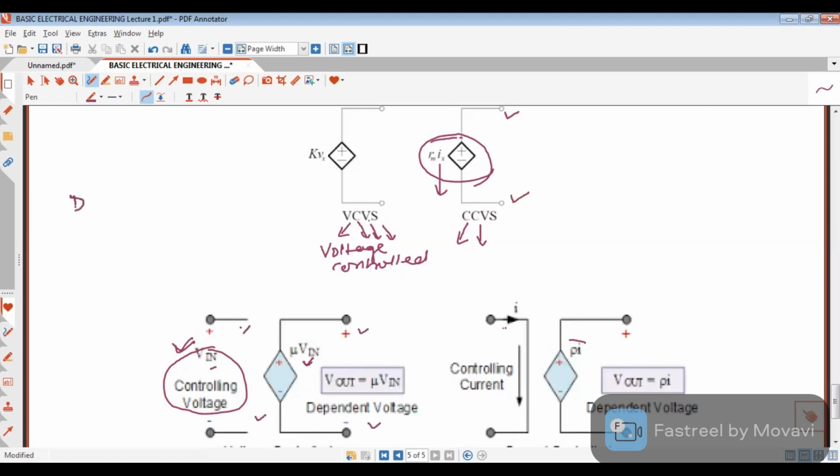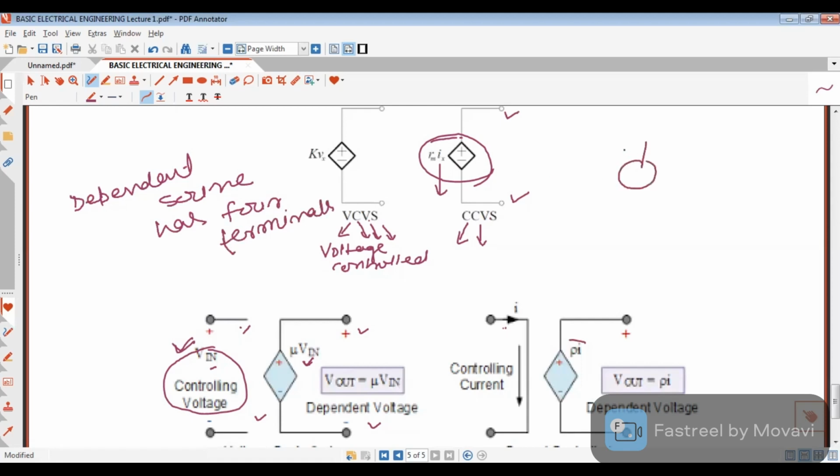So a dependent source has four terminals, but an independent source has how many? Two terminals only. This is an independent voltage source, so it has only two terminals.